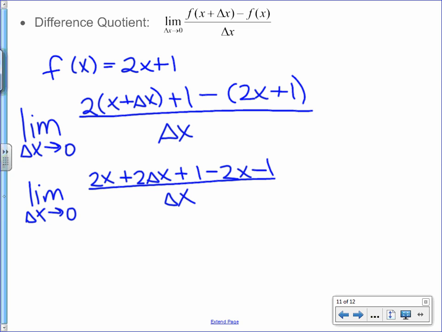What happens? So we have 2 delta x over delta x, which is 2. So what's the limit as delta x approaches 0 of 2? 2.